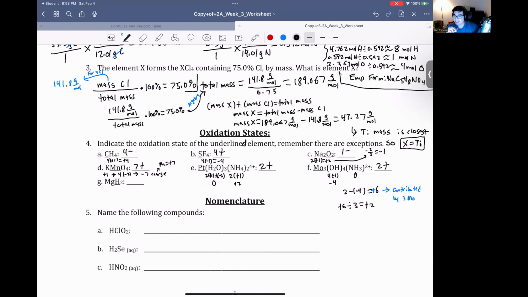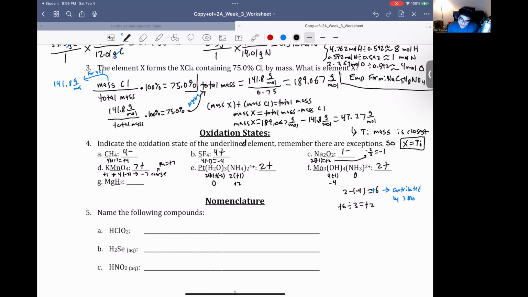All right, last one here. It says you have magnesium hydride. Hydrogen is typically a +1. Not always, though. Typically. Although magnesium is always a 2+.